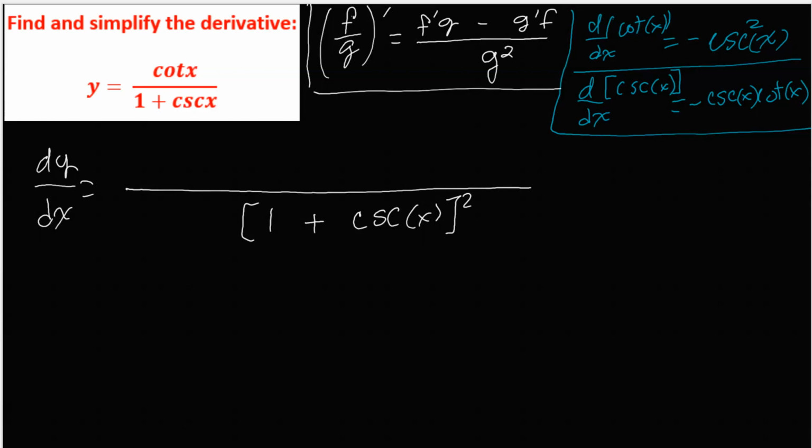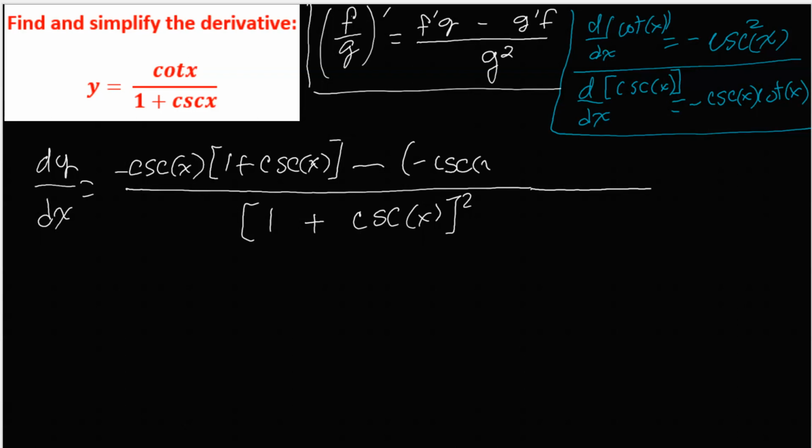On the numerator, I would have the derivative of cotangent of x, which is negative cosecant squared of x, multiplied by the denominator, 1 plus cosecant of x, minus the derivative of the denominator, which would be negative cosecant of x cotangent of x, multiplied by the numerator, which would be cotangent of x.